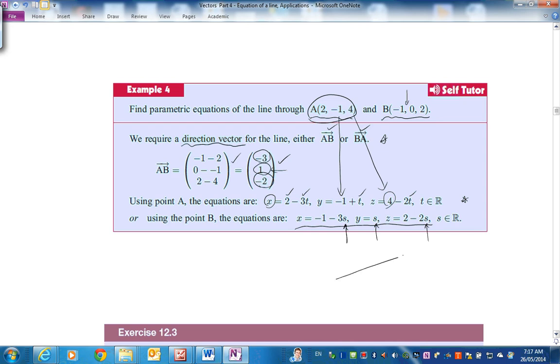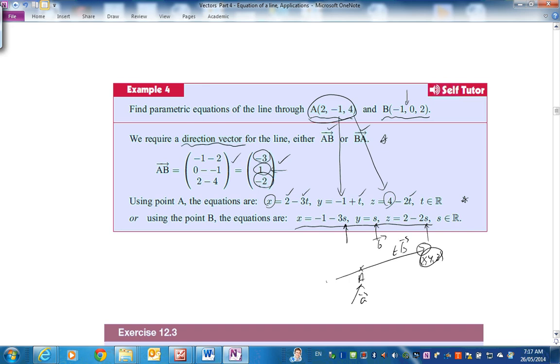Why? Let's have a look at it. There's point A, let's say, and you're trying to suggest how to get to this point on the end here, x, y, z. If you use A and you're going along your direction vector, so you travel out to A, then to get to that point it might be t lots of the direction vector.